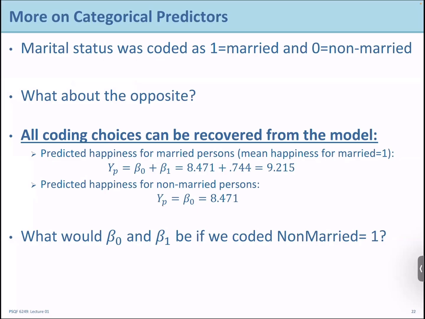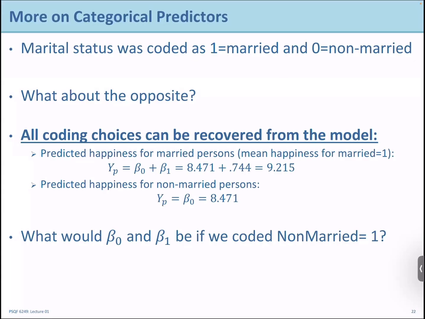Well, the mean for married people, that predicted value from our original model where the reference was non-married, is our original intercept plus our original coefficient for married, that's 9.215, that's their mean. So what would be the intercept? If we reversed it, the intercept would be 9.215, and the slope would be negative 0.744, right?